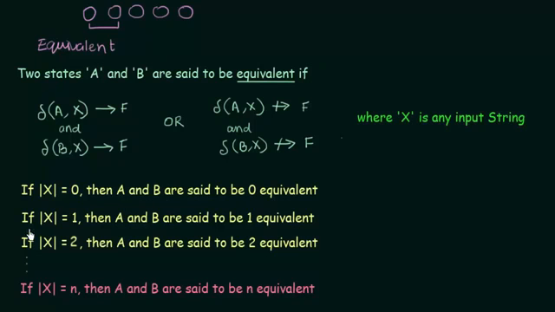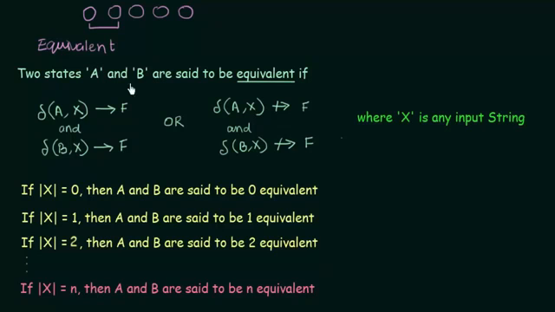If the length of x is equal to 1, then A and B are said to be 1 equivalent. And if the length of string x is equal to 2, then A and B are said to be 2 equivalent. So in general, if the length of the string x is equal to n, then A and B are said to be n equivalent. These are the types of equivalences that we have.